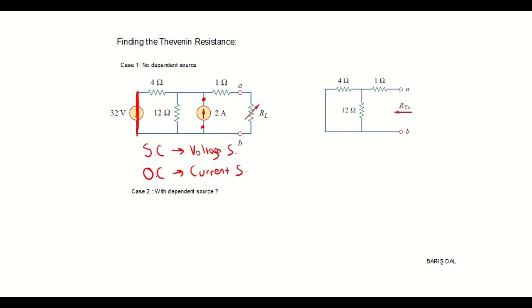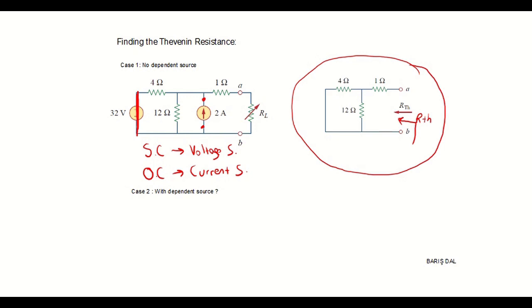Then after removing the sources, this is what's left. It's used for finding the Thevenin resistance from this terminal. So when we look from this terminal, we see first the 1 ohm resistance. So we just write 1 plus, then we continue to follow this path, and the current can go here and here.